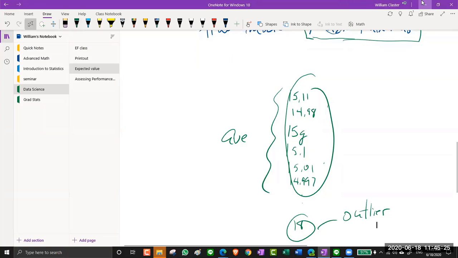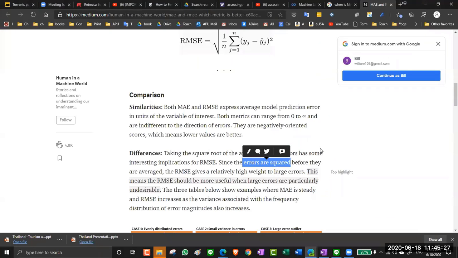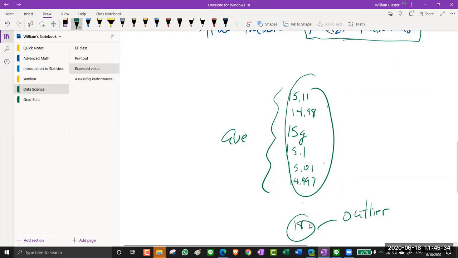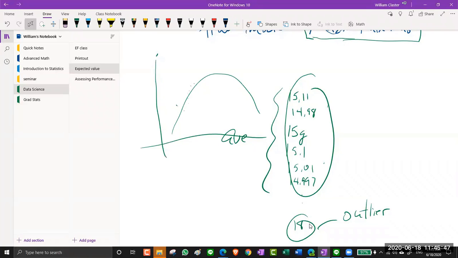Okay, so going back to here, if we get an outlier in our data, in other words, if we're talking about a model, and we have some points here that are all quite close, but suddenly we have one point up here, a big outlier far away from the data or far away from the model.